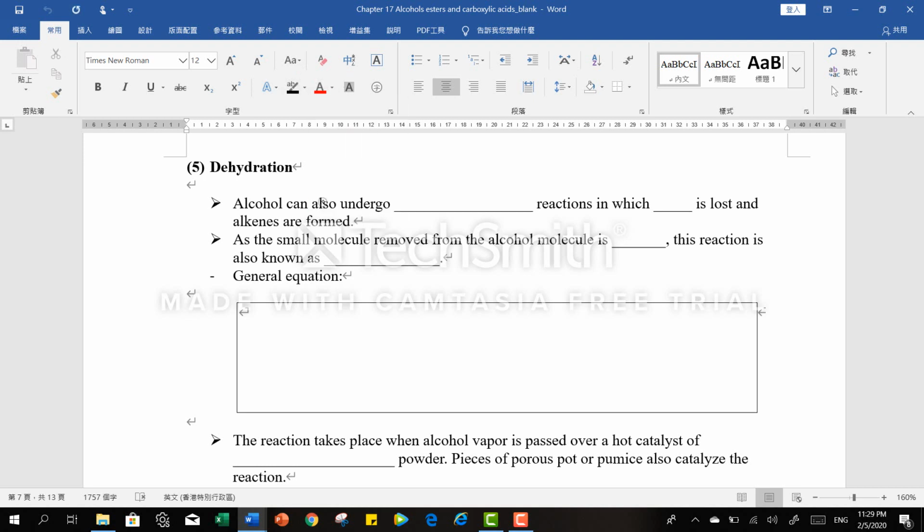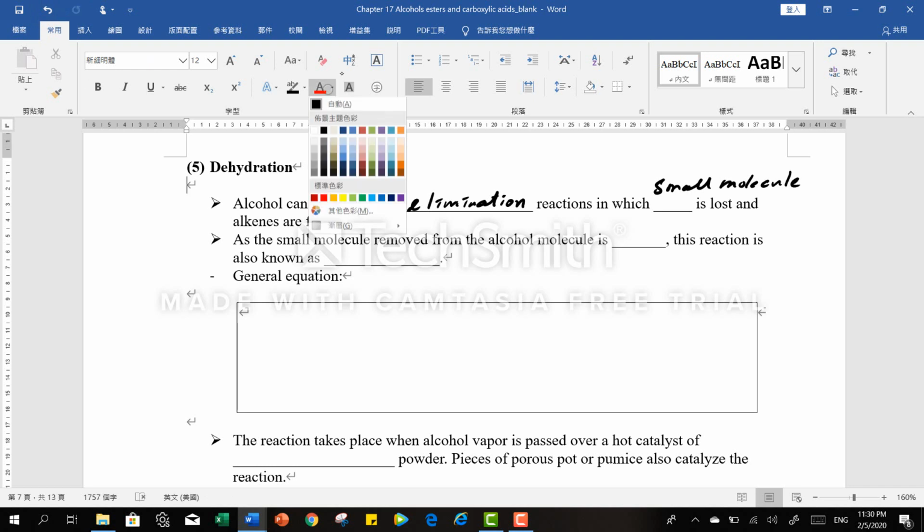Alcohols can also undergo elimination reaction, in which a small molecule is lost, okay, and an alkene is formed.